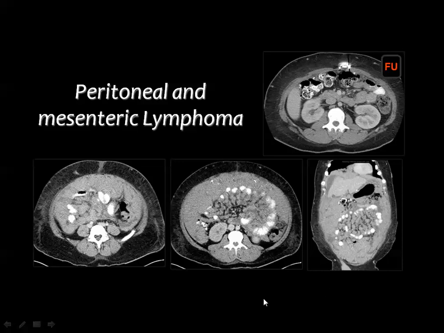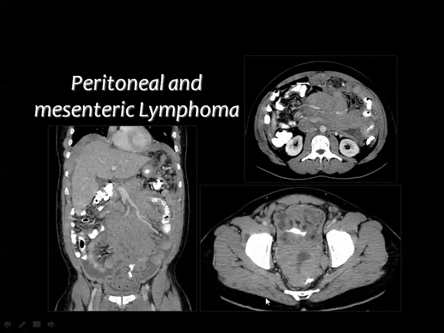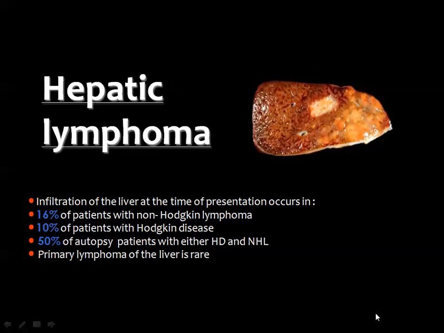Then we see here the presence of bulky lymph nodes around the root of the mesentery, together with masses in the greater omentum, and also masses in the peritoneum in the pelvis. Then you may suspect the diagnosis of lymphoma, and many times you need the help of guided biopsy.